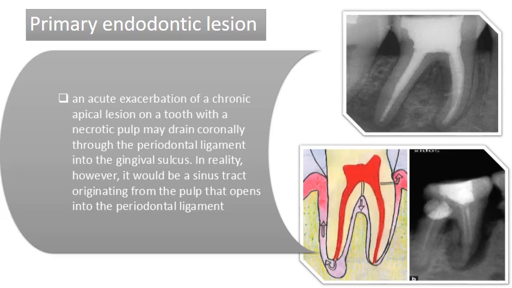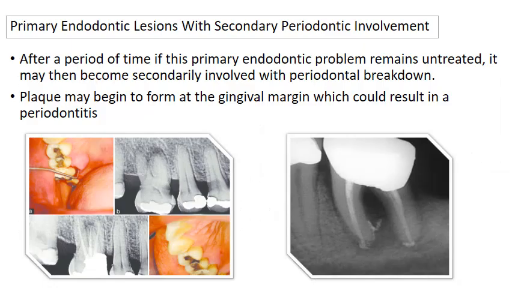For diagnostic purposes, it is imperative to trace the sinus tract by inserting a gutta-percha cone and exposing one or more radiographs to determine the origin of the lesion. Primary endodontic lesion with secondary periodontic involvement.